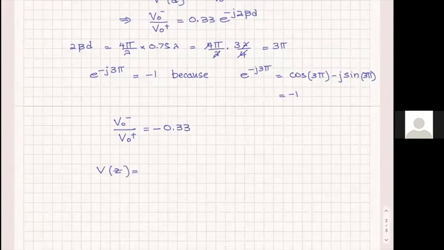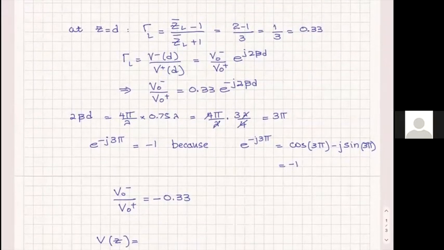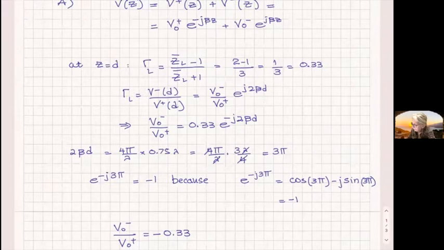Professor? Yes. Excuse me. Sure. On the equation V naught minus over V naught plus equals 0.33 times exponential of negative j2 beta D, where did that negative on the phase come from? So from here, if you take this relationship, the reflection coefficient is, by definition, the reflected over the incident voltage wave.